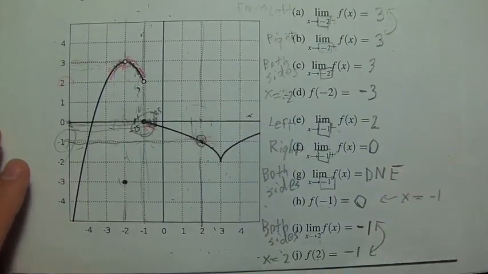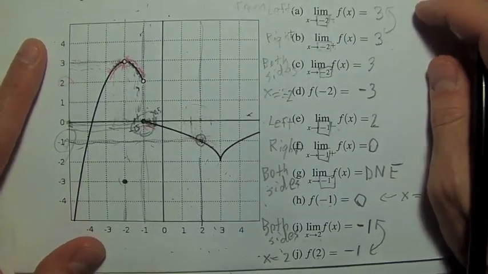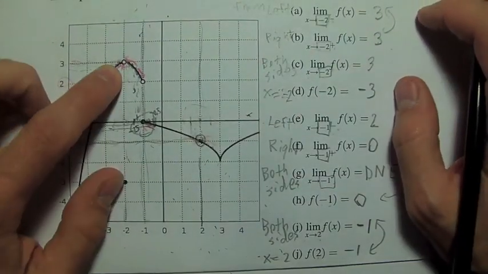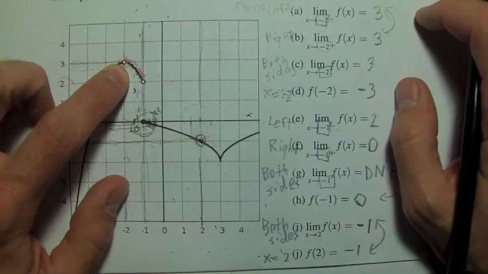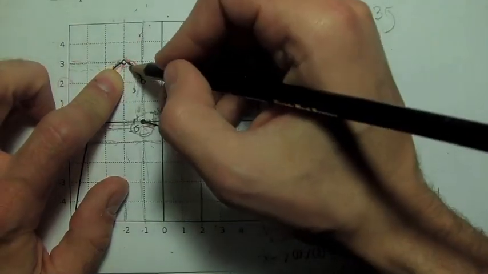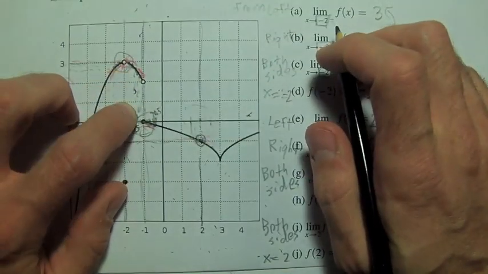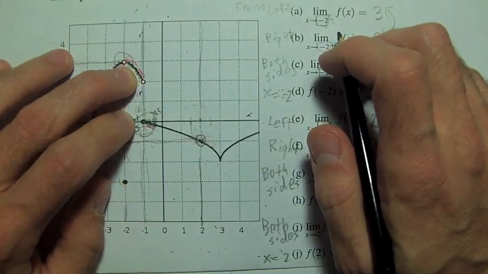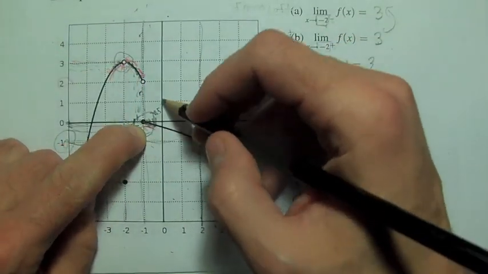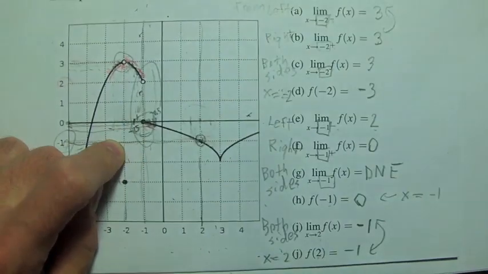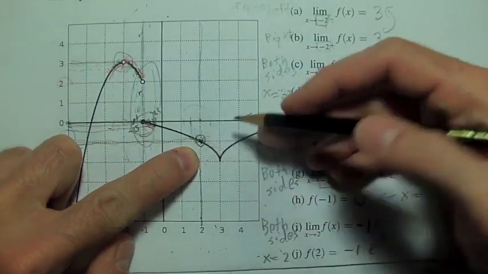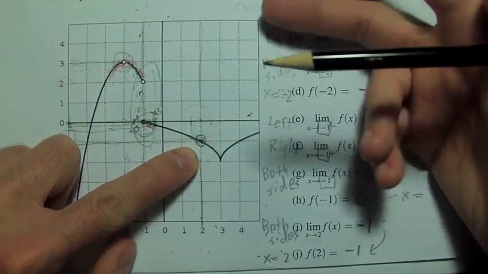Right? In these previous examples, well, either the function value didn't exist, but the limit did. That's a nice little hole there. Or here, the limit didn't exist, but the function value did. This is a jump. And then here we had the limit and the function both existed and they matched.